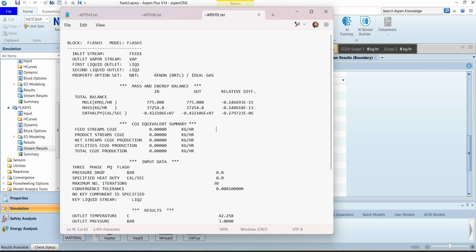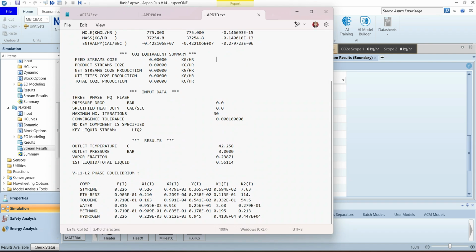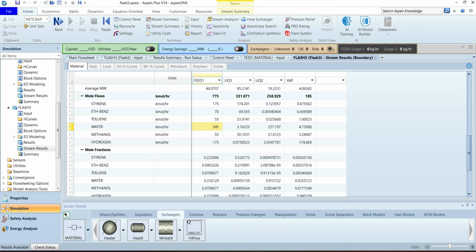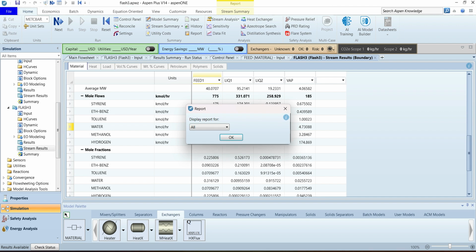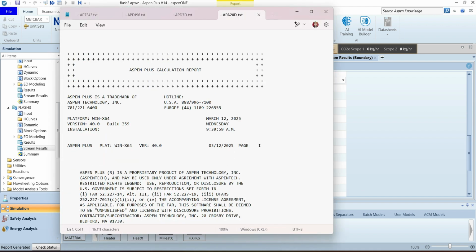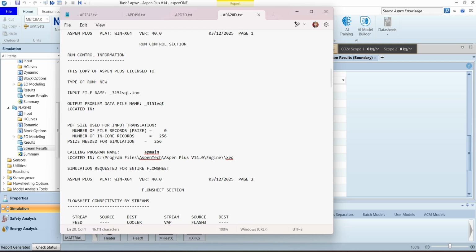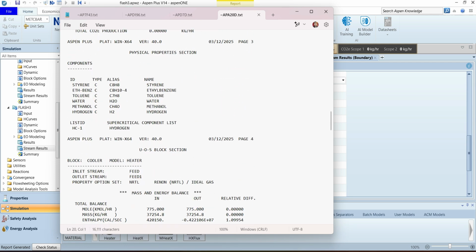It defines all the input specifications of the block as well as the results of the block. We can compare the K values between these three different suggested methods. Otherwise, we can also produce a report including models as well as streams. Let's go to the streams.